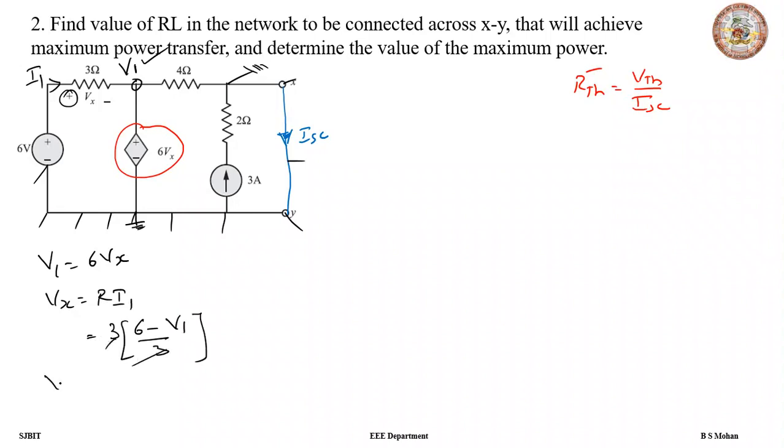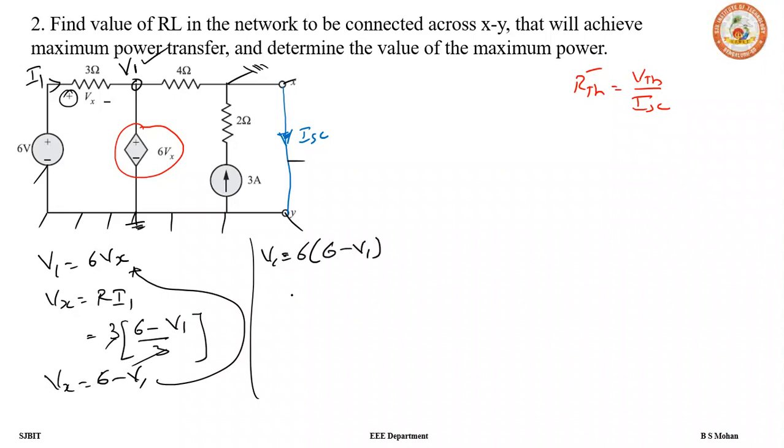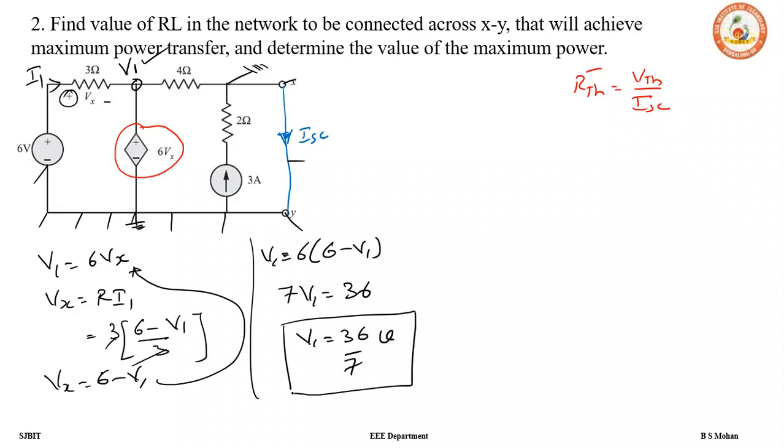The 3 cancels, so Vx is equal to 6 minus V1. Substituting here, V1 is equal to 6 into 6 minus V1. Thus 7V1 is equal to 36, or V1 is equal to 36 by 7 volts. It's coming the same in this case also, but it will not be true always.